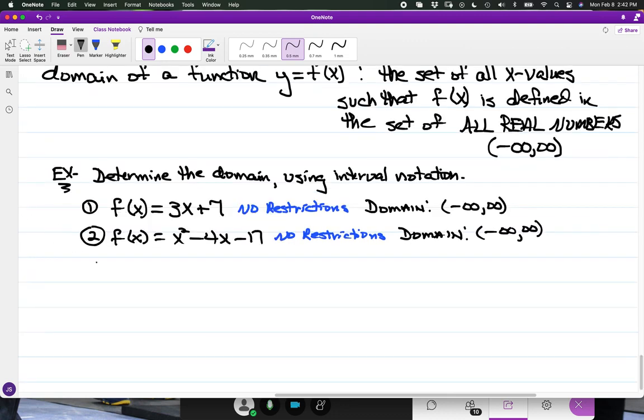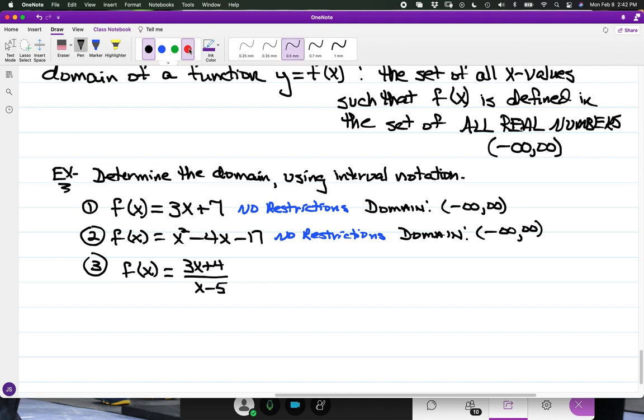Now let's say we have f of x is equal to 3x plus 4 all over x minus 5. This time x cannot be just anything.